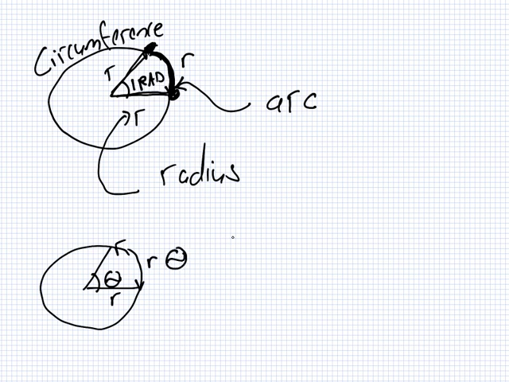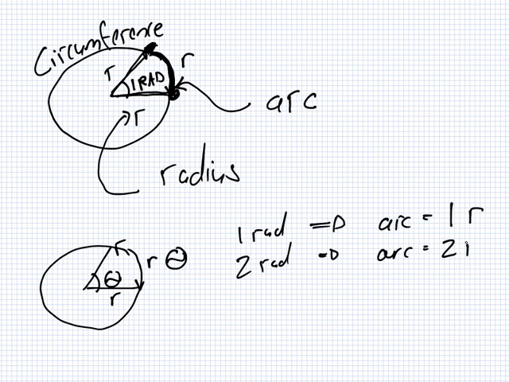So for example, if you had 1 radian, then that means the arc will be 1 r long. If you had 2 radians, then that means the arc will be 2 r. So this formula here, arc equals angle multiplied by radius, that's our first formula.